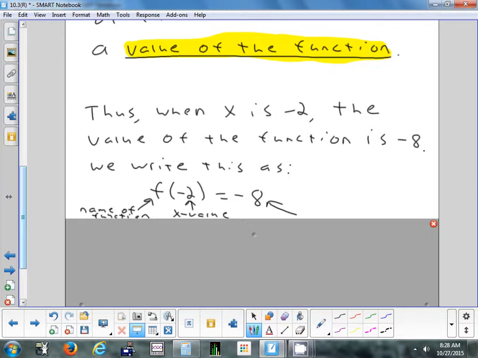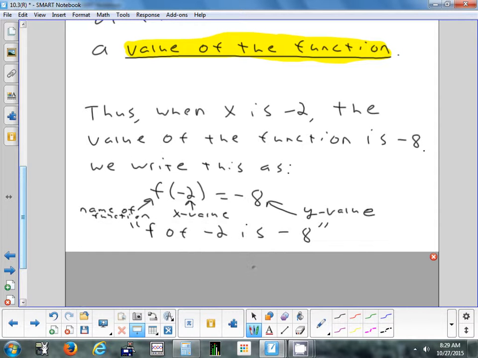And the -8, if this is an x value, this would be in the range. Yeah, this is the y value. Okay? So f is the name you give to the function. -2 is the x value. -8 is the y value.